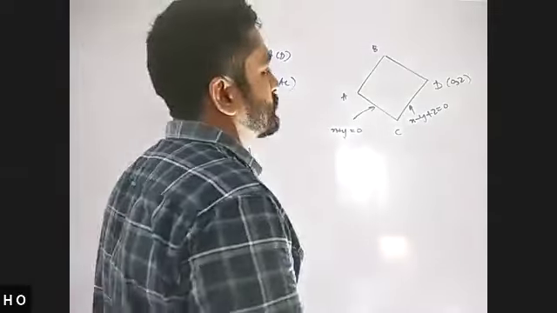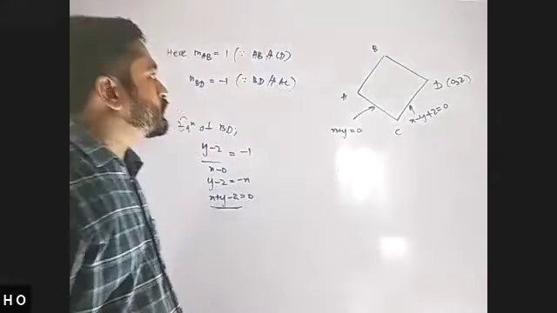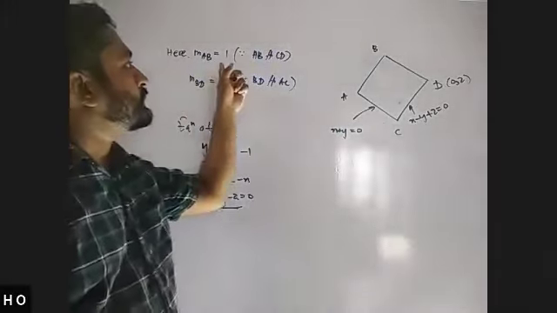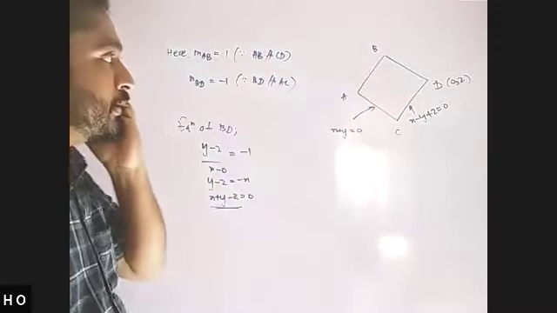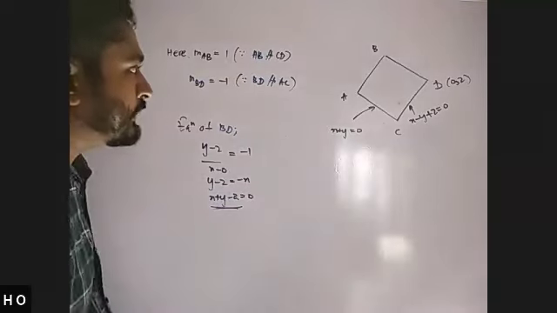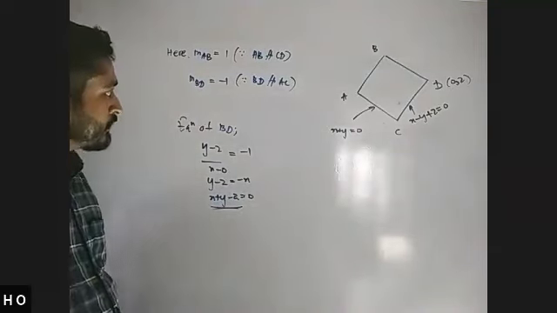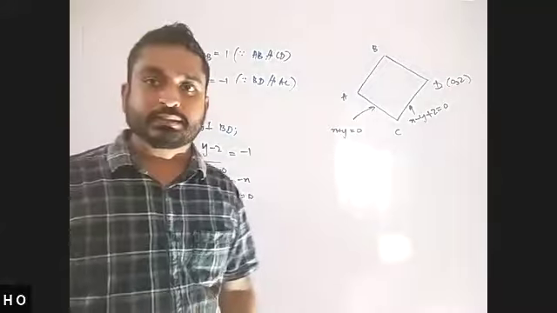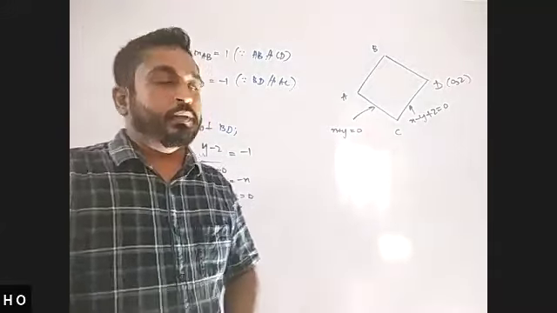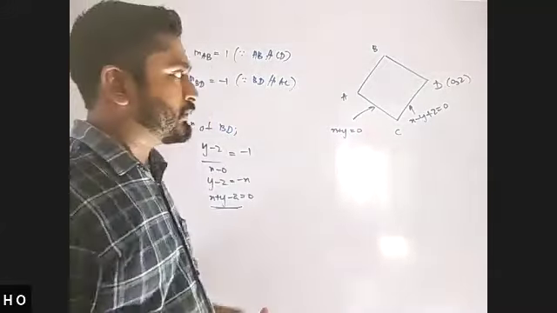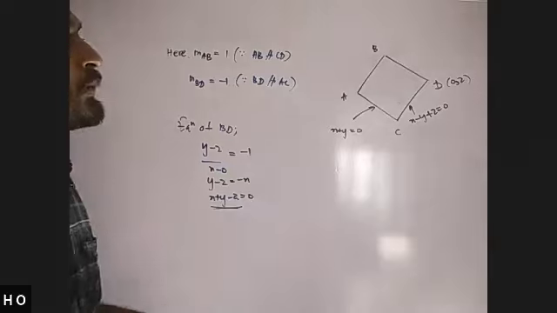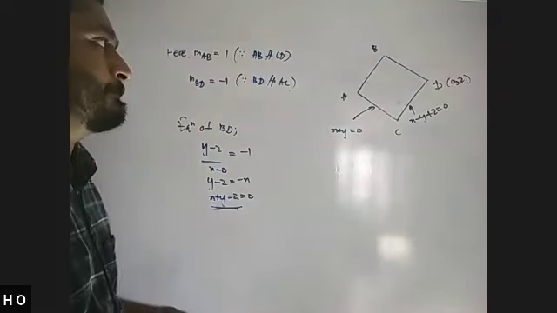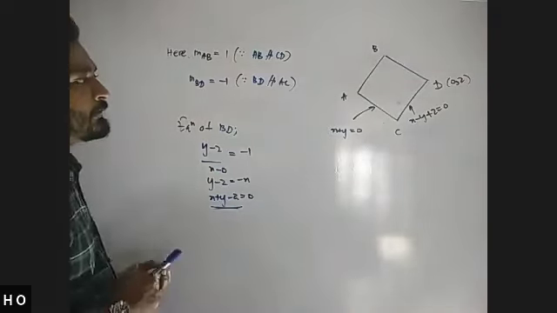Let us go for the equation of AB. You are sure that the gradient of AB is 1, but how to find the equation of AB? That is the issue here. You just know the gradient.